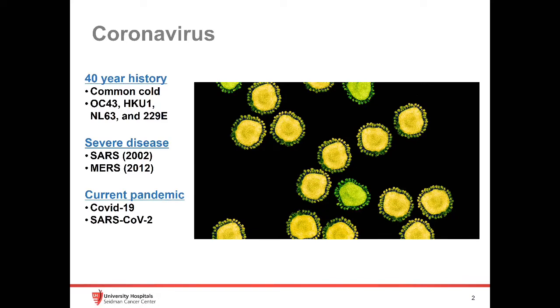Starting in the year 2000, after this 40-year history of relatively benign disease, it emerged as the virus that caused SARS. Many of you know that's the Severe Acute Respiratory Syndrome, and that started, as its name suggests, in Southeast Asia. It also made it onto the shores of North America, in Toronto in particular.